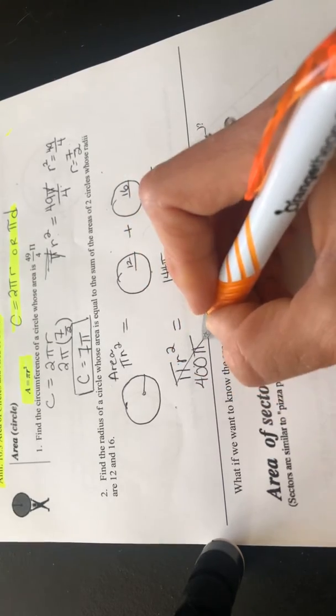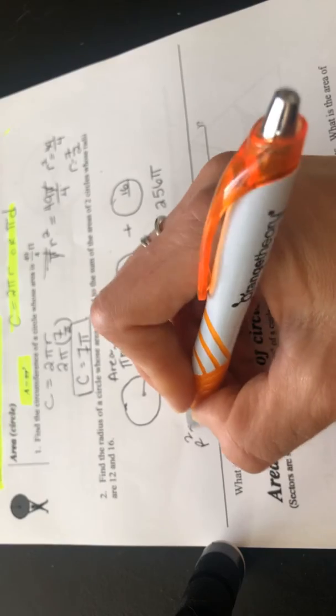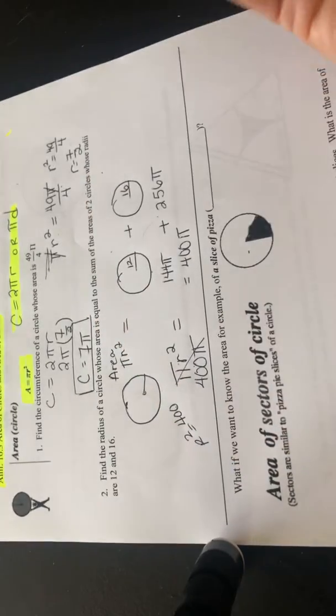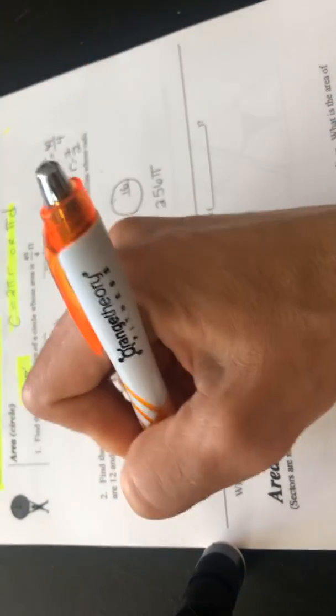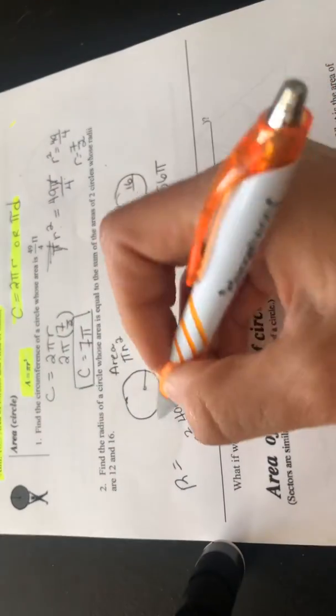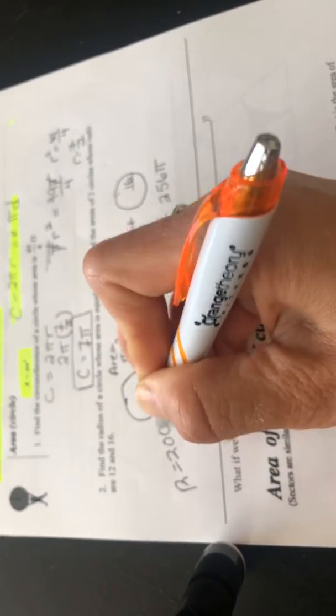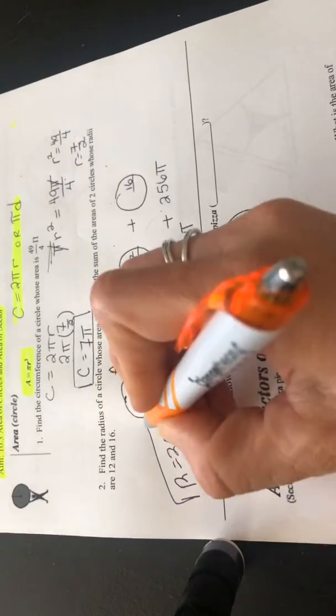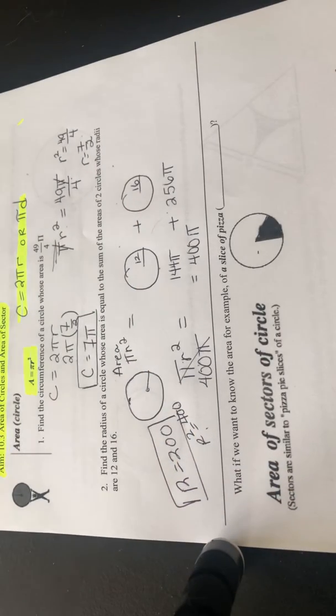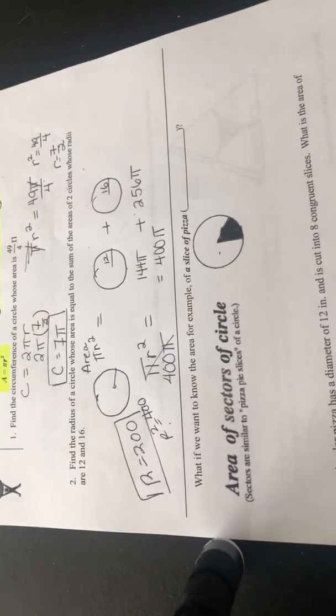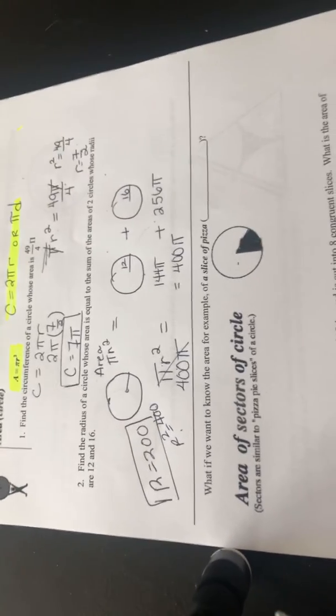So cancel out your pi's. You know r squared is 400. So therefore, you guys know your radius is 20. Okay, pretty simple. Just kind of reviewing and getting adjusted to area.